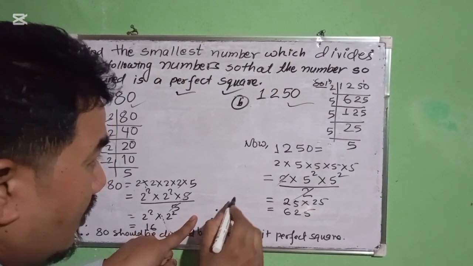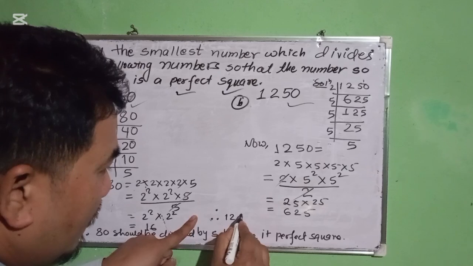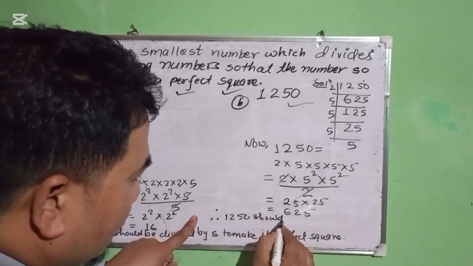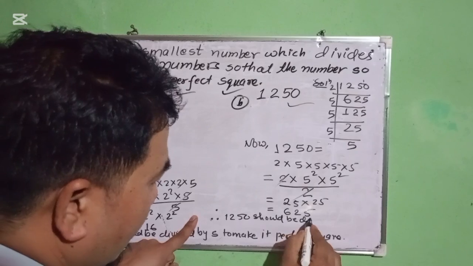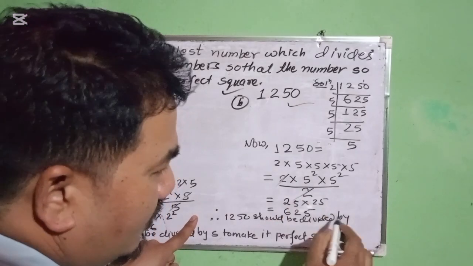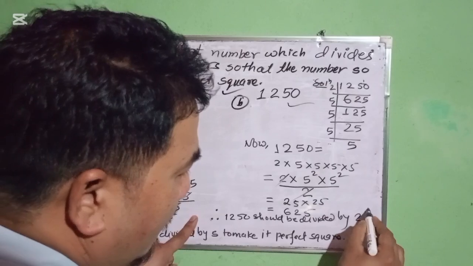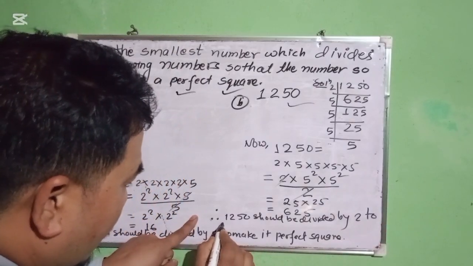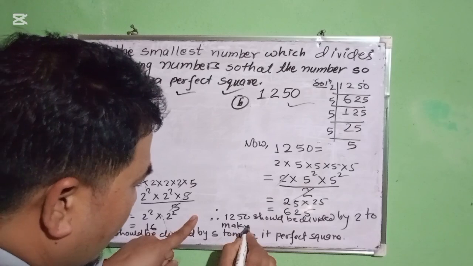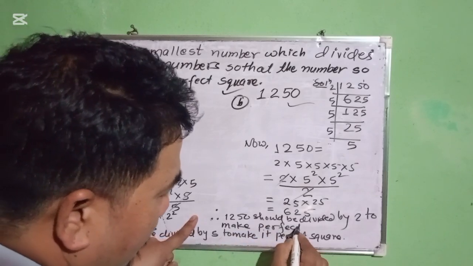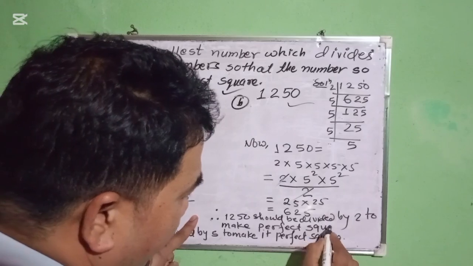Therefore, 1250 should be divided by 2 to make it a perfect square.